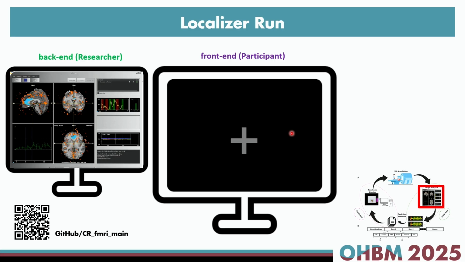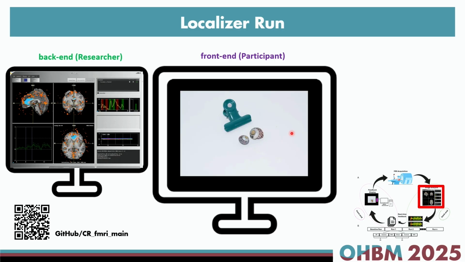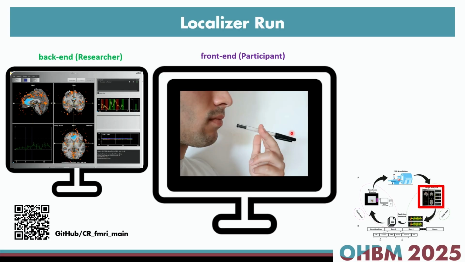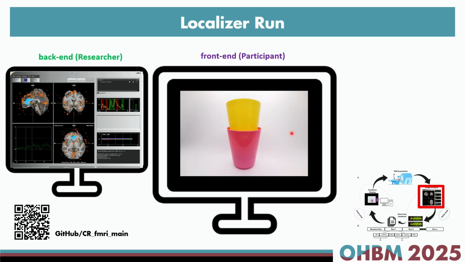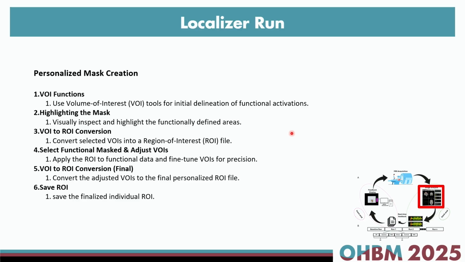Participant looks at this task, and in real time, you see that there are going to be some changes in activity in the brain, and we now want to focus only on the ACC and some mostly activated voxels within ACC. So here, what we'll do after the end of this query activity task is go through the VUI function to extract those specific voxels for each participant that were mostly activated.